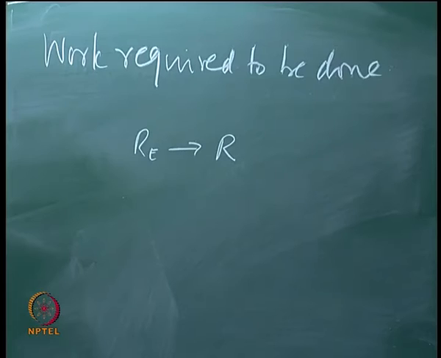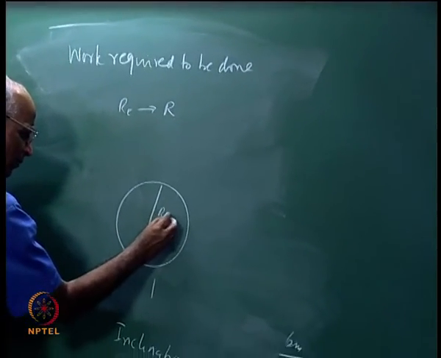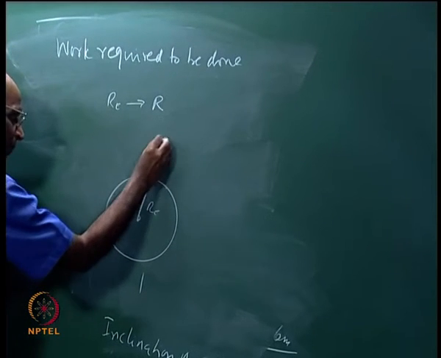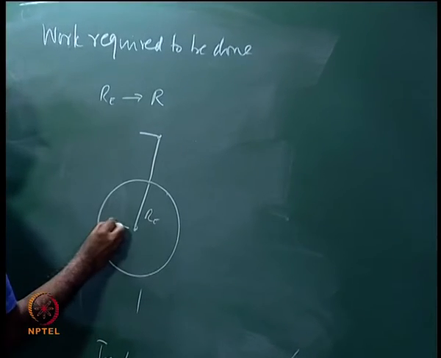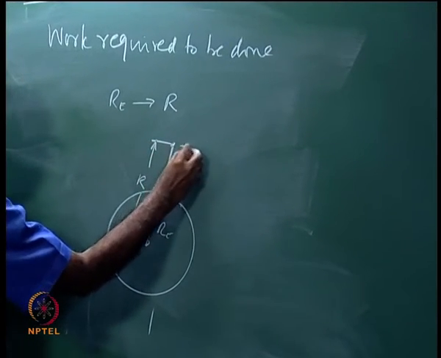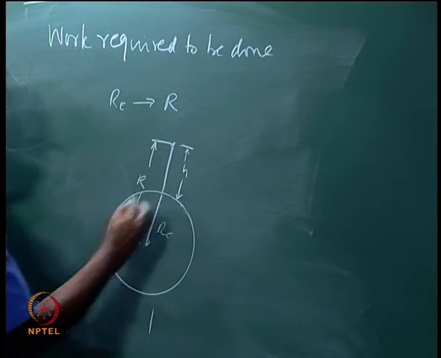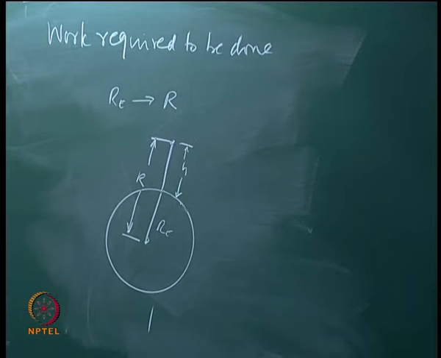I have the earth here, I have RE here, I want to take it from here to here, through a height, let us say this final height is R and this height is h. How do I do this?